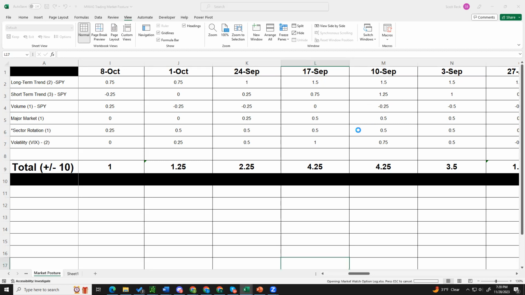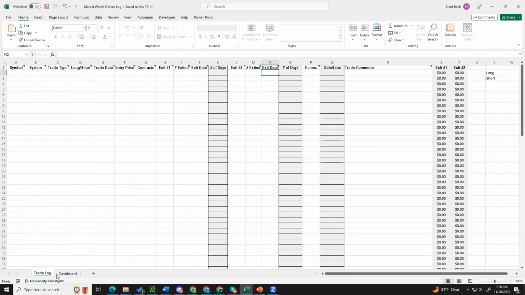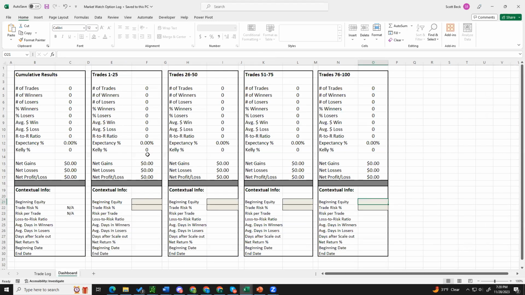Where is Kelly Criterion coming from? It's coming from the dashboard. Remember that these two here, expectancy and Kelly, go hand in hand. Expectancy looks backwards and it says, based on everything I've done, how much do I expect to make per dollar at risk?